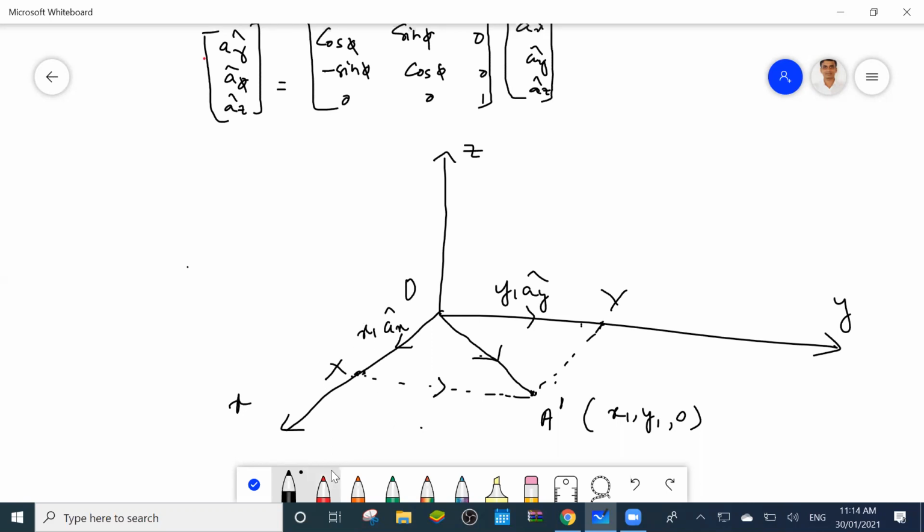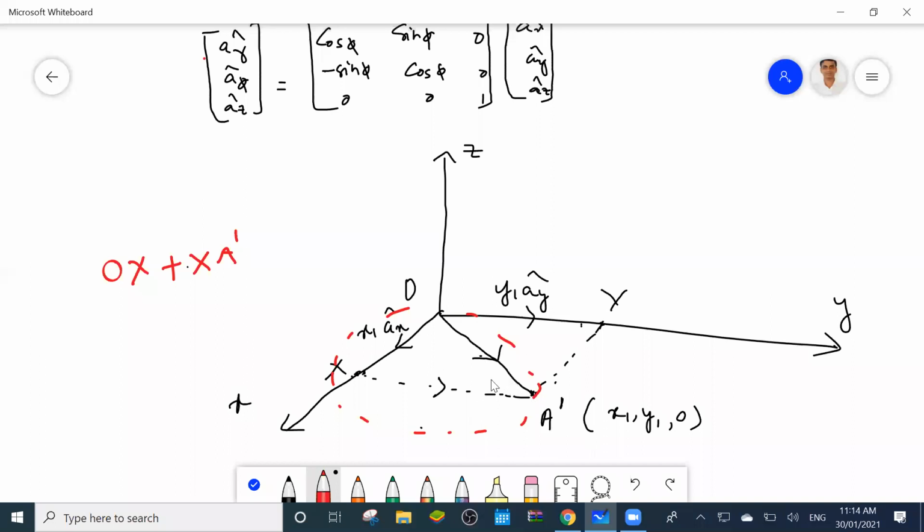This vector, you check in this loop, you apply the vector law. So what is this value? I can write OX plus XA dash. Look, the vector direction from origin to X is in this direction, clockwise, and this is also in the same direction, this vector, that is XA dash.